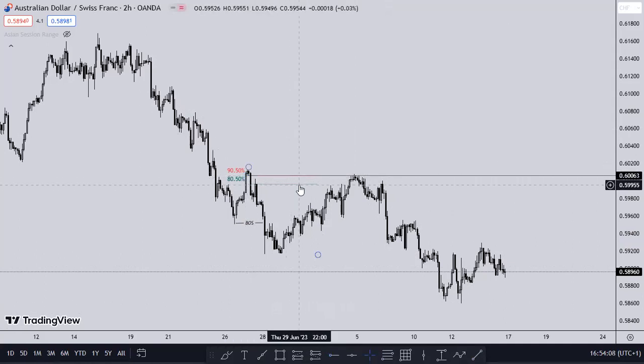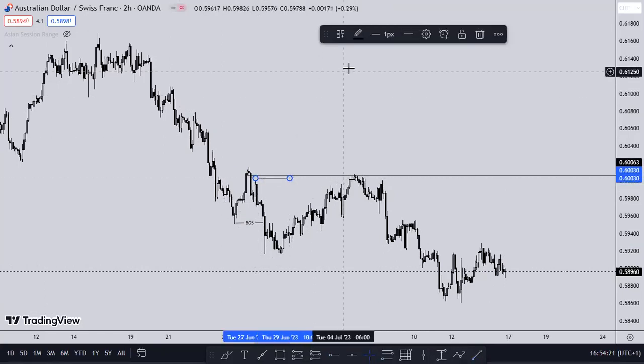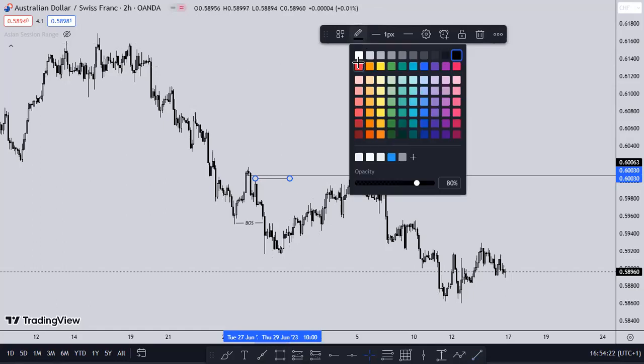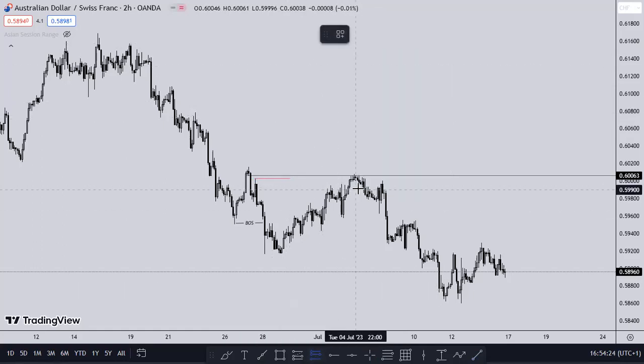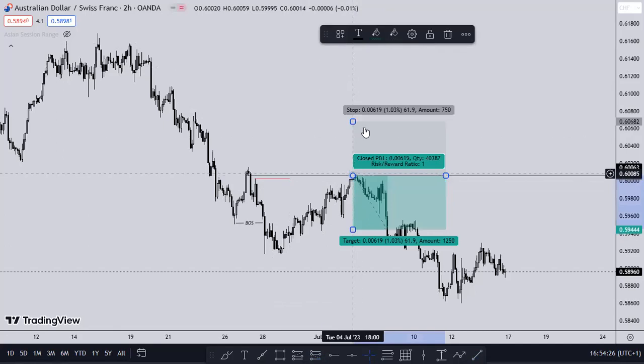I mark my level. Here's my level, break of structure. Here's an inducement. I always watch out for inducement before taking my trade. So I take my trade off of this level.